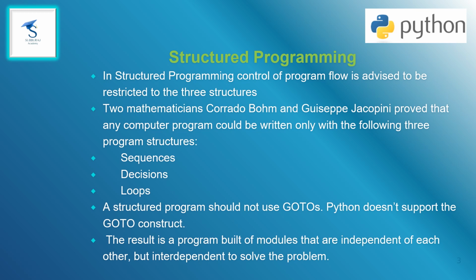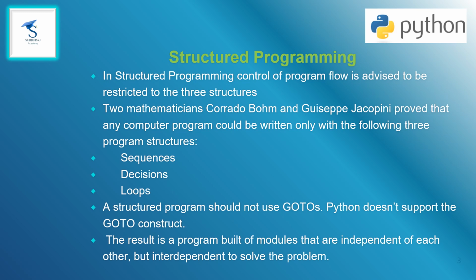The two mathematicians Bohm and Jacopini proved that any computer program could be written only with the three program structures. Understand? So you don't have to have multiple types of program structures. Only three structures are essential, and with those three you can write a program.